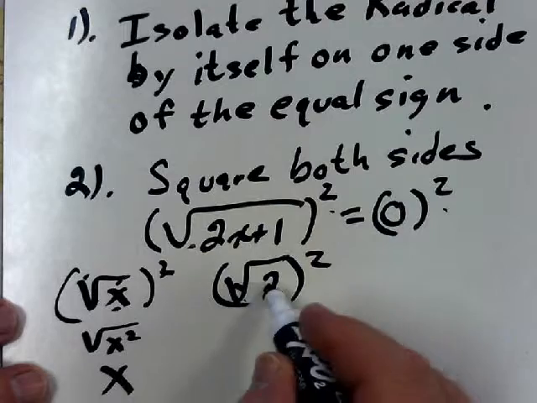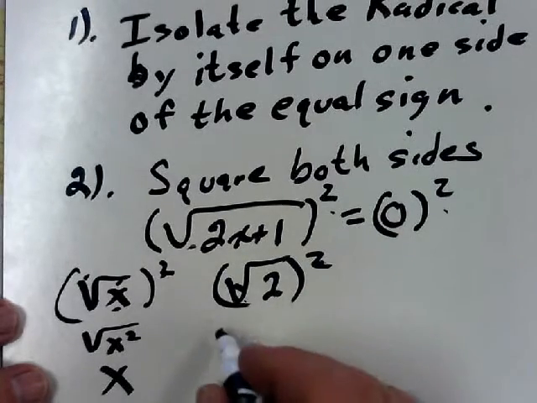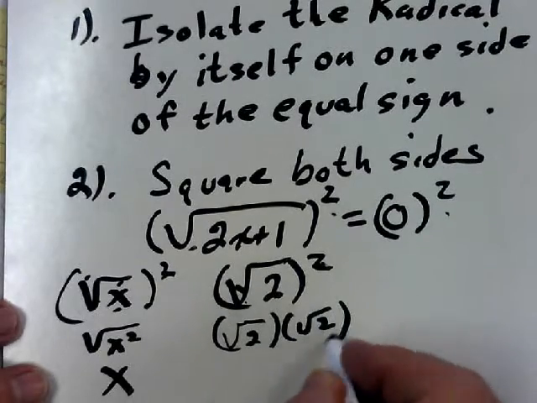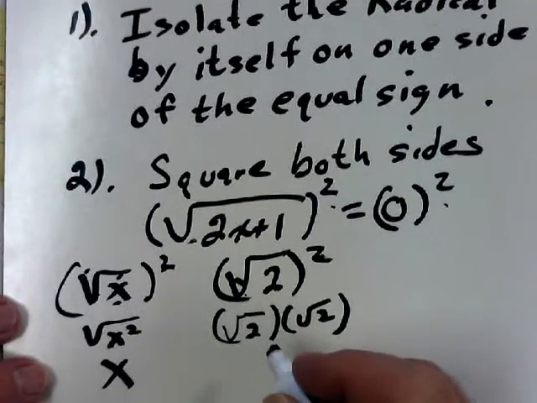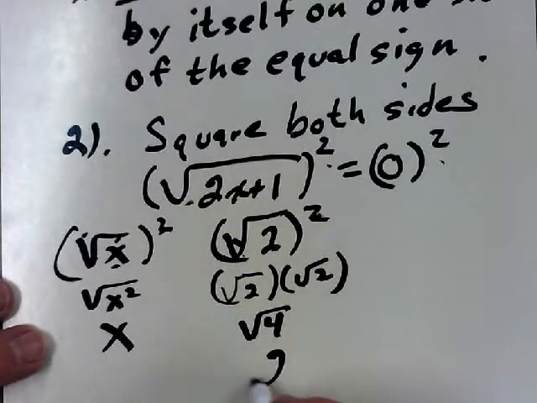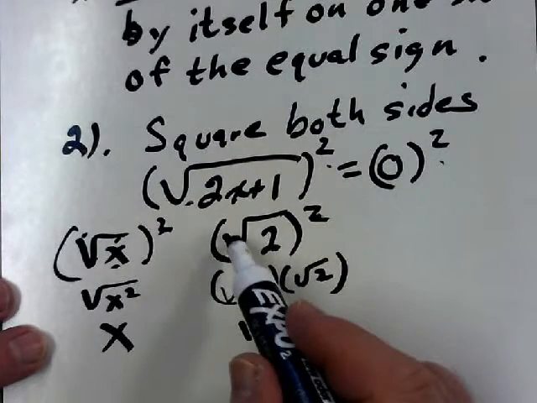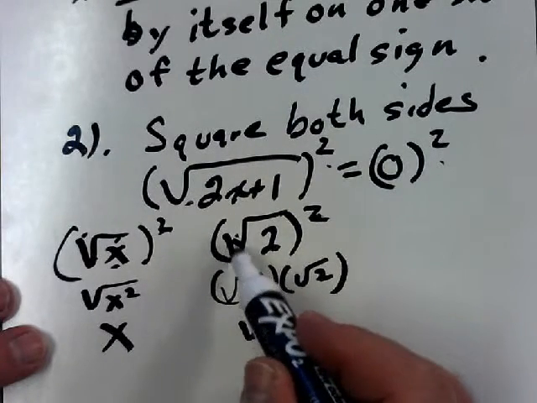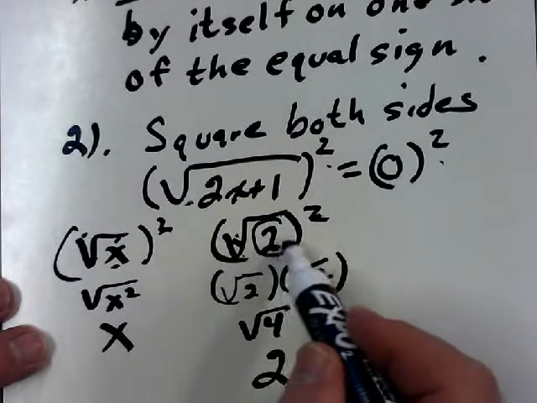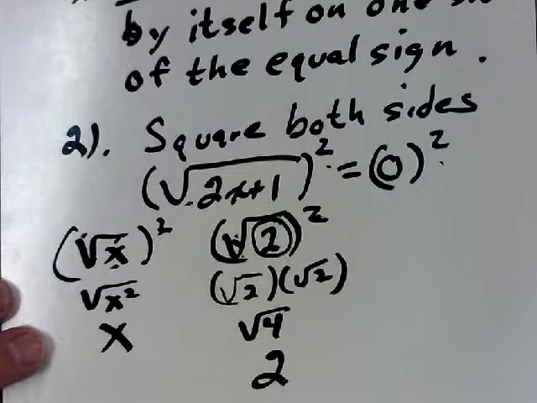So like here, if I had the square root of 2 squared, isn't that the same as the square root of 2 times the square root of 2? Which is actually the square root of 4. And what's the square root of 4? 2. So if I have an index of 2 and I square that radical, I end up with what was inside the radical without a radical.